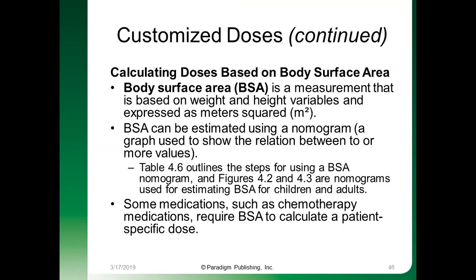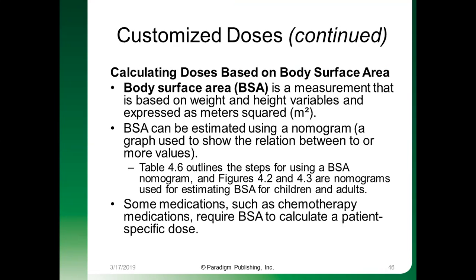BSA can be estimated using a nomogram, a graph used to show the relationship between two or more values. Table 4.6 outlines the steps for using a BSA nomogram, and figures 4.2 and 4.3 are nomograms used for estimating BSA for children and adults.